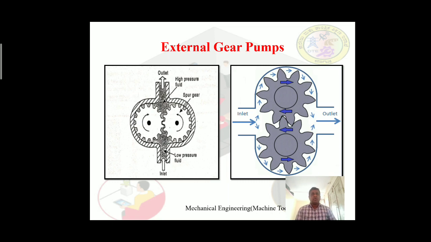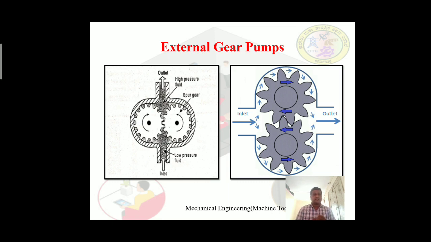If you come to the construction, the external gear pump is the simplest and most robust positive displacement pump. It has two mating external gears running within a suitable pump casing, as shown in the figure.